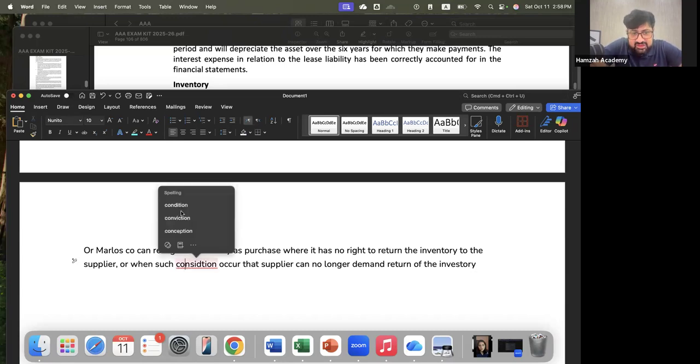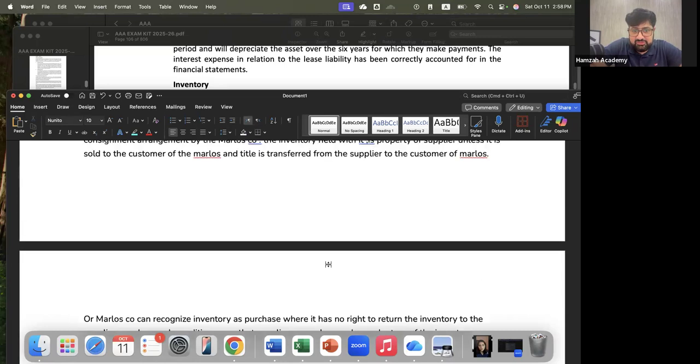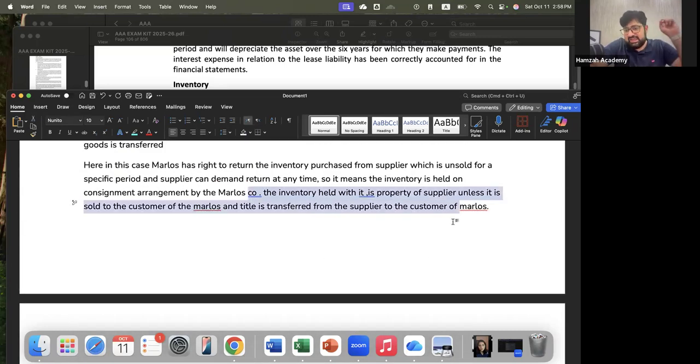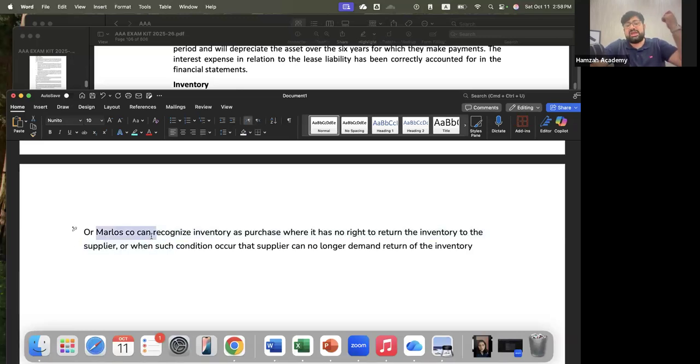So there are three cases in which they can recognize the asset. First, it is transferred by sale to the customer of Marlos. Second, Marlos cannot return it, or that time has elapsed. Or third, when the supplier can also not demand it back. Right?